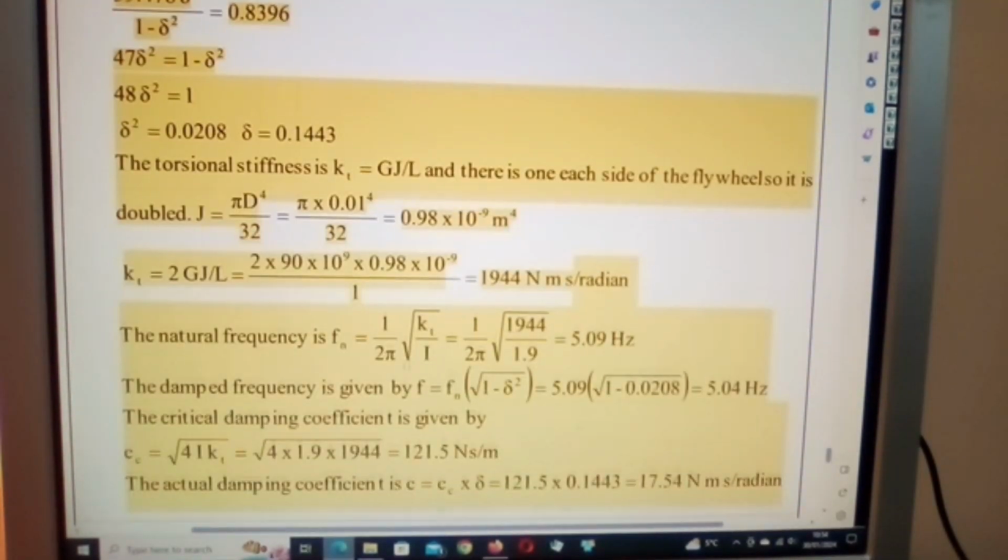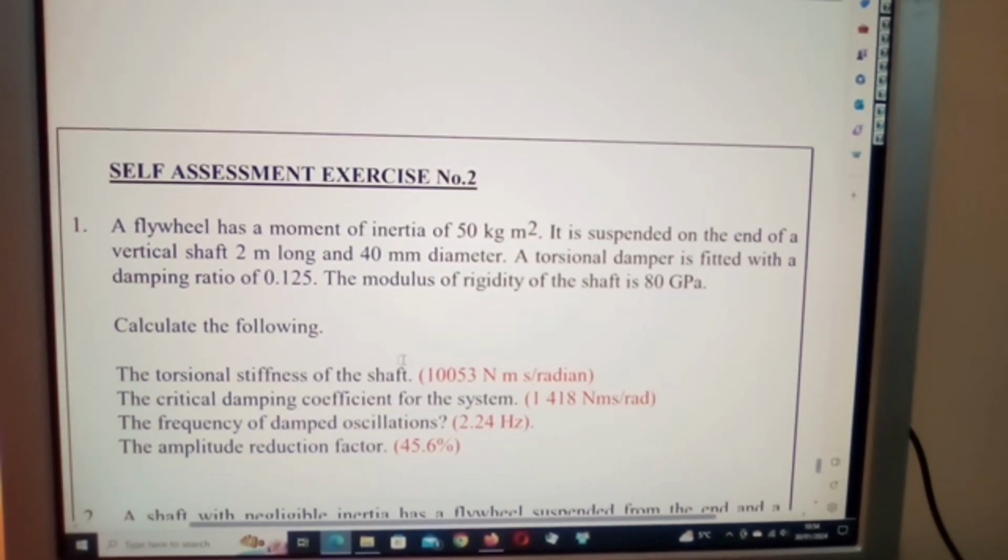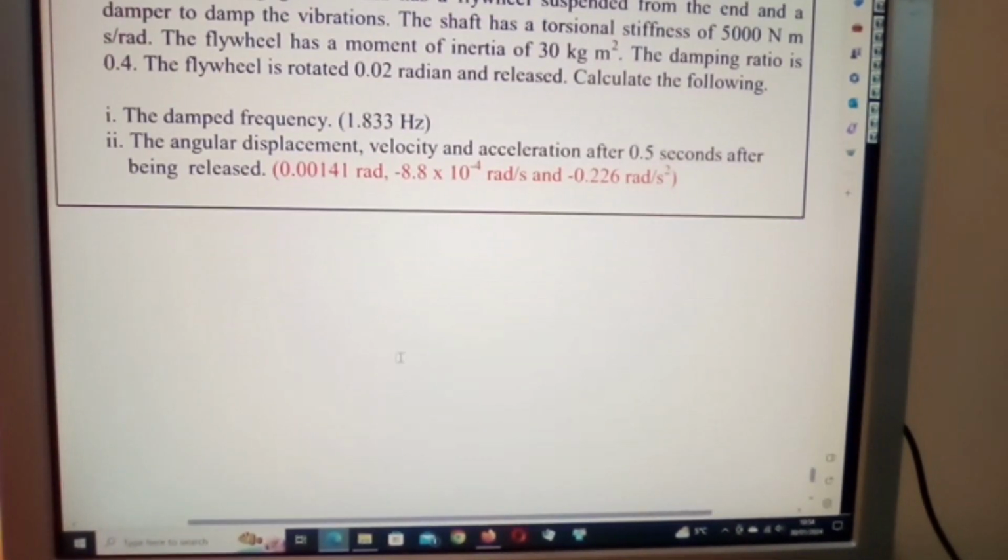And your results should be here, I think. And the self-assessment is here for you to do.